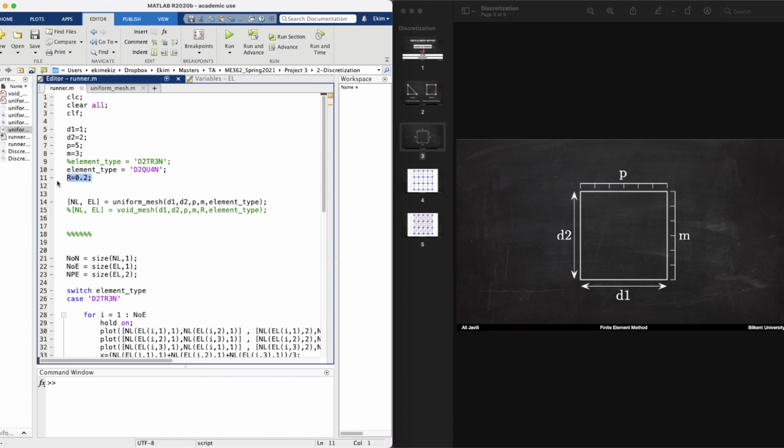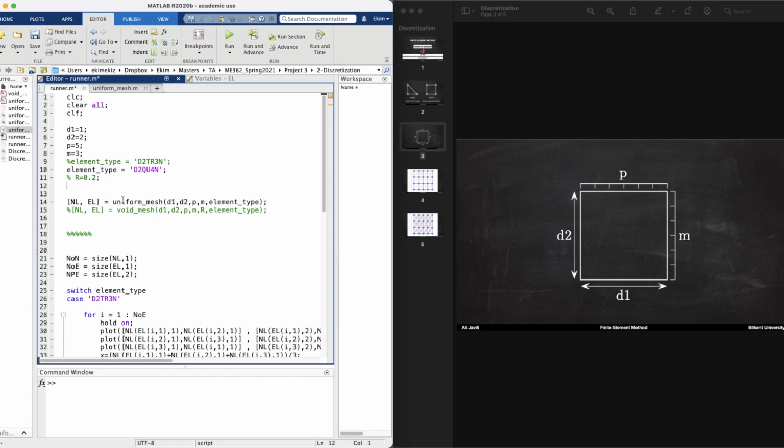And this r is just commented out, it will come into play later when we have a void mesh.